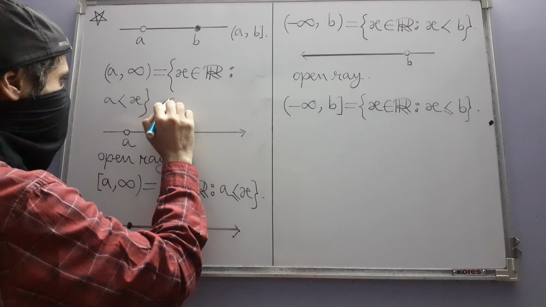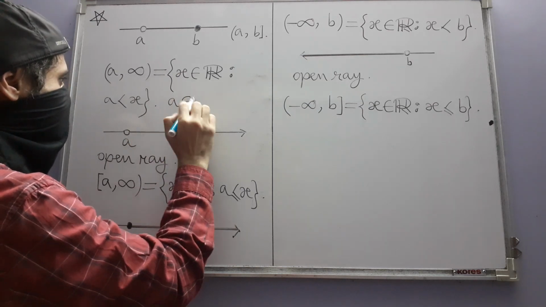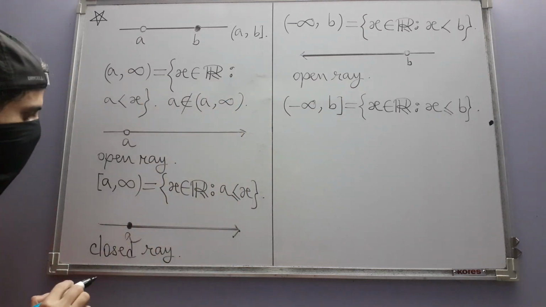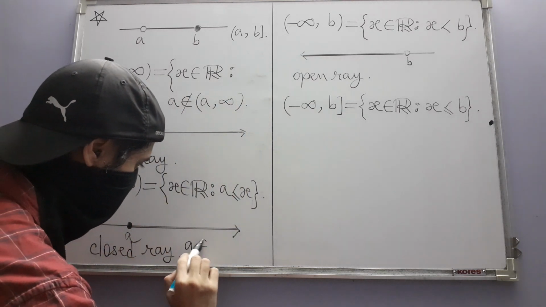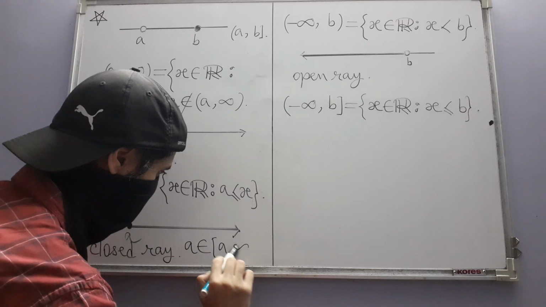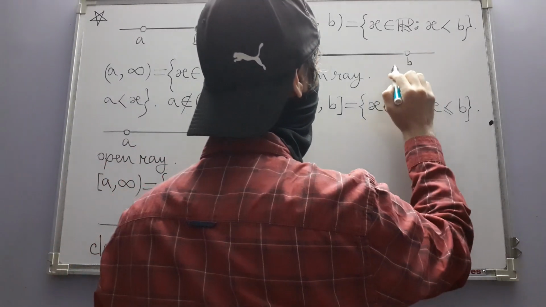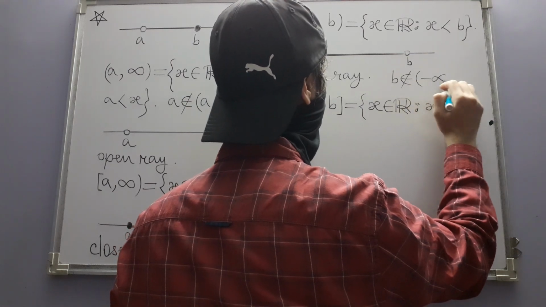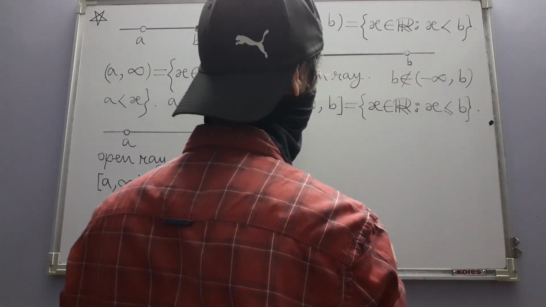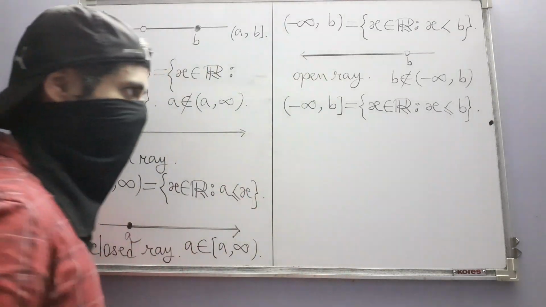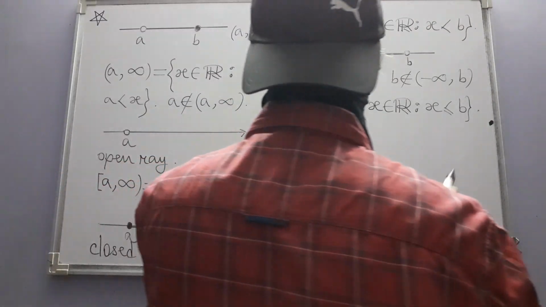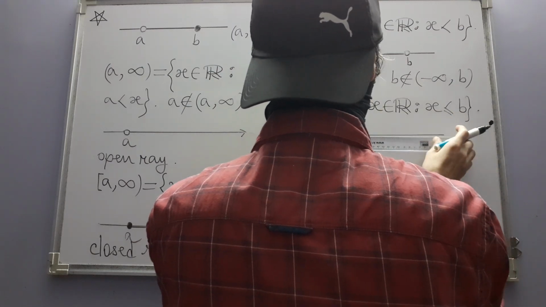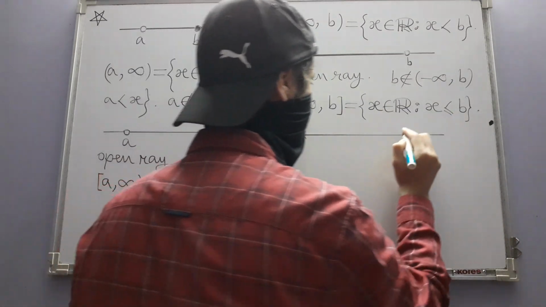Let me also, in order to reinforce all these ideas, write these things. B does not belong to the open ray minus infinity comma B, but B belongs to the closed ray minus infinity comma B. And in this case, of course, geometrically we have this.